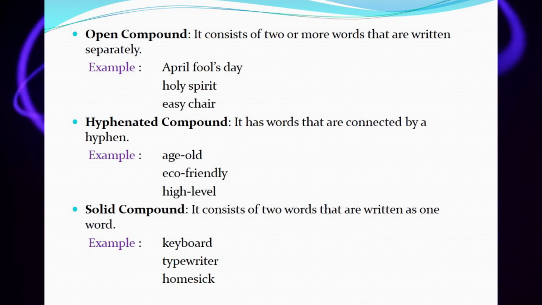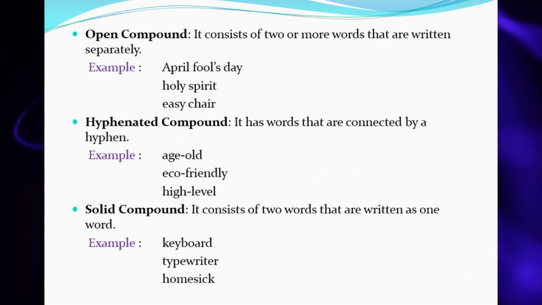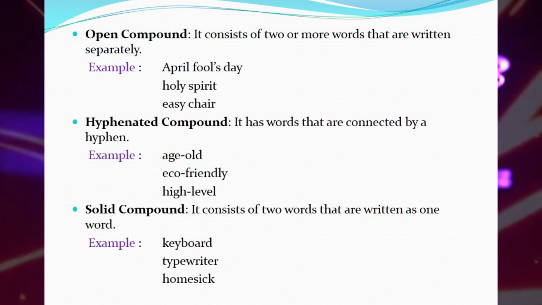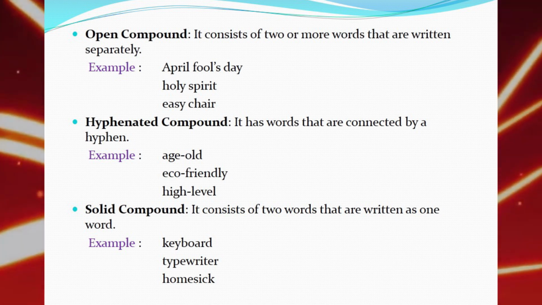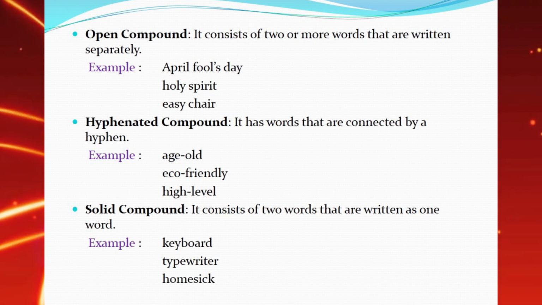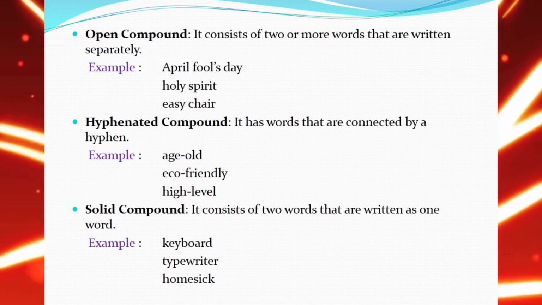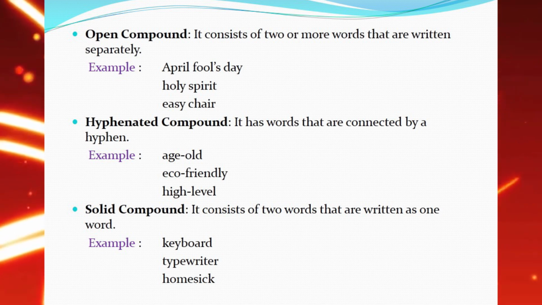Hyphenated compound has words that are connected by a hyphen. Example, age-old, eco-friendly, high-level. Solid compound consists of two words that are written as one word. For example, keyboard, typewriter, homesick.